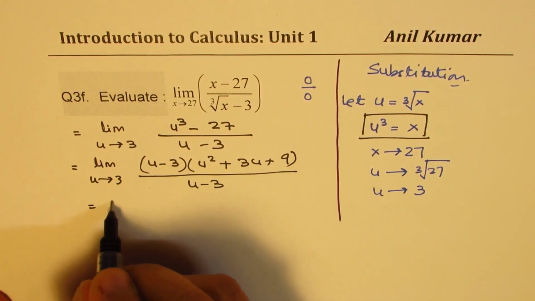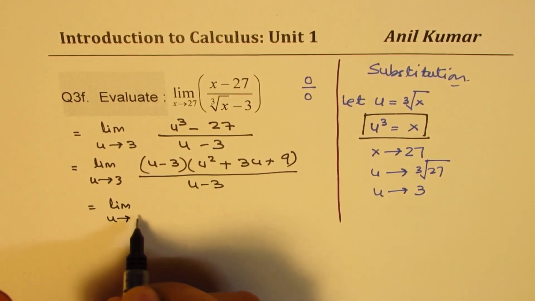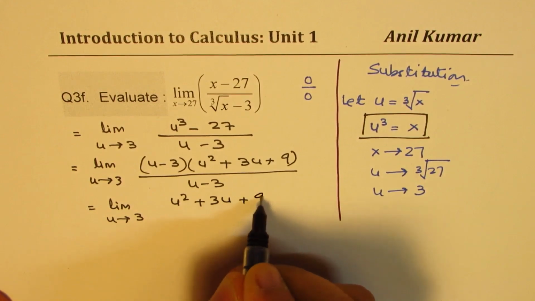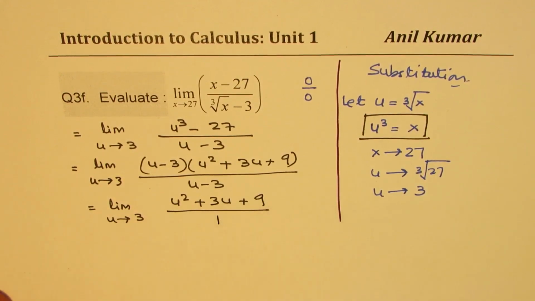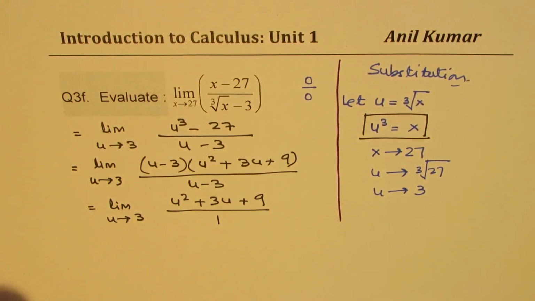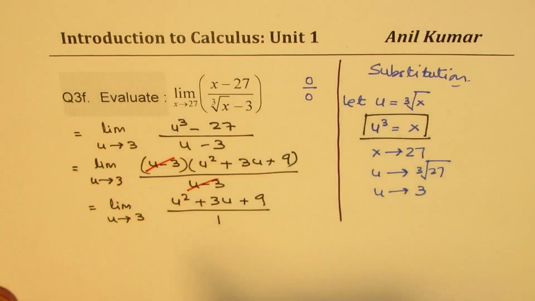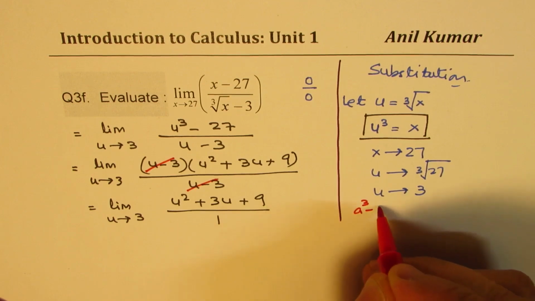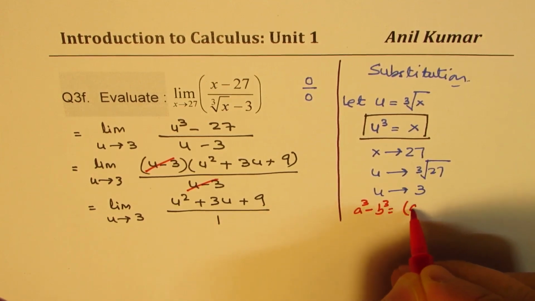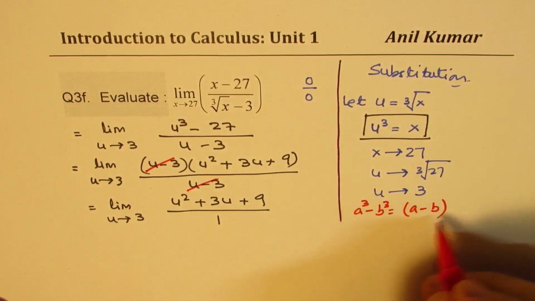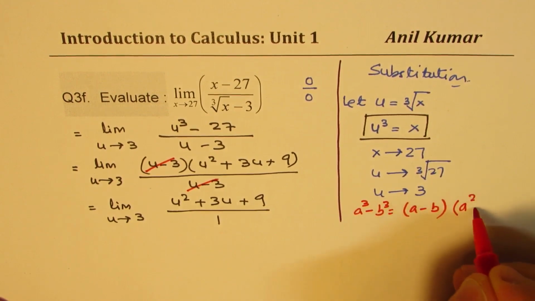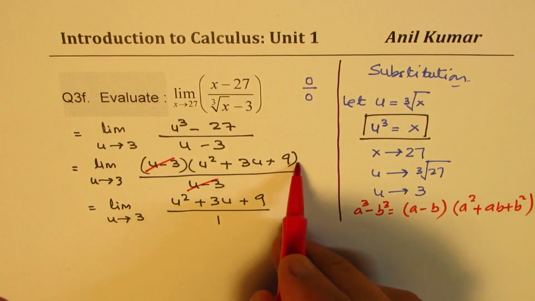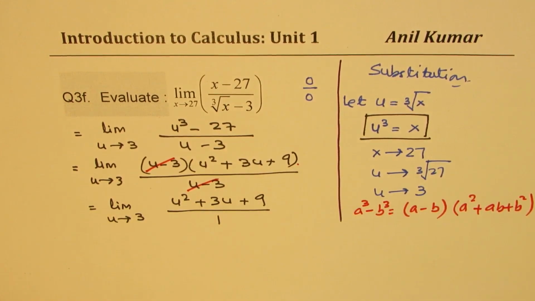So u minus 3 cancels, and we get the limit as u approaches 3 of u squared plus 3u plus 9. As for the factoring part, a cube minus b cube, as I said earlier, can be written as a minus b times a squared plus ab plus b squared. So we use this formula to factor. Perfect.